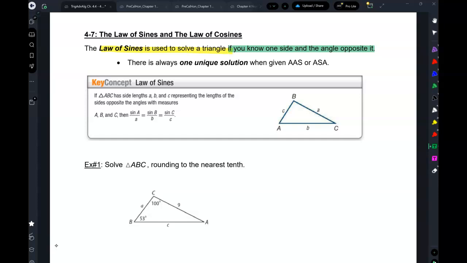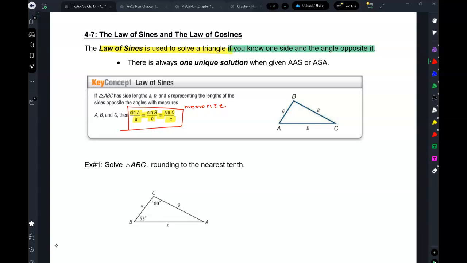The law of sines is basically this: sine of A over a equals sine of B over b equals sine of C over c. That's the law of sines, so you have to memorize that. We never use all three of them together.